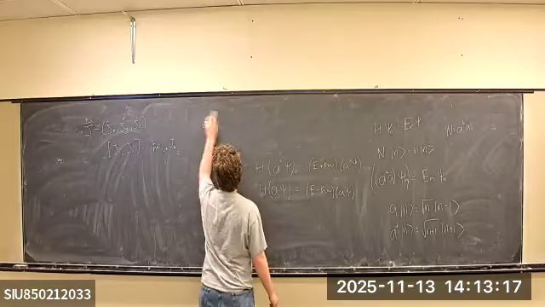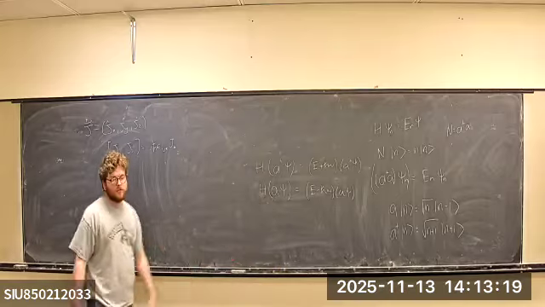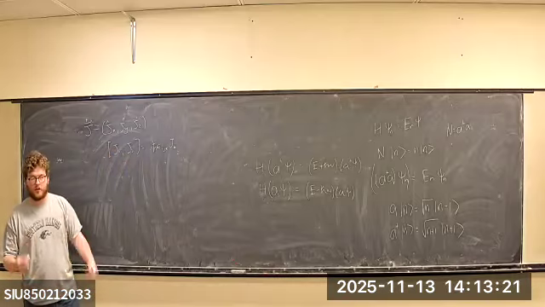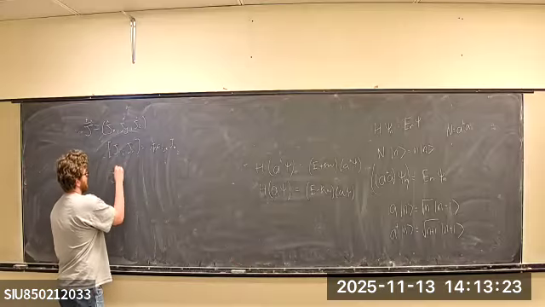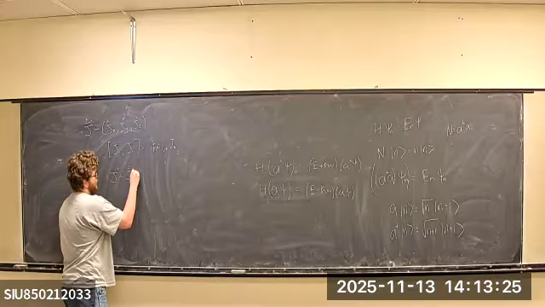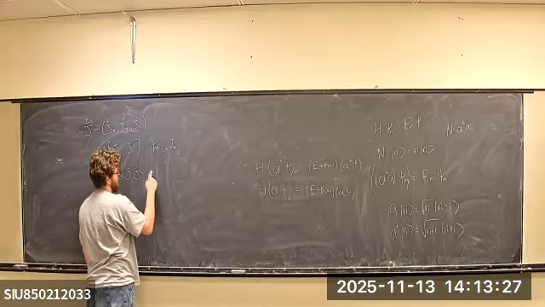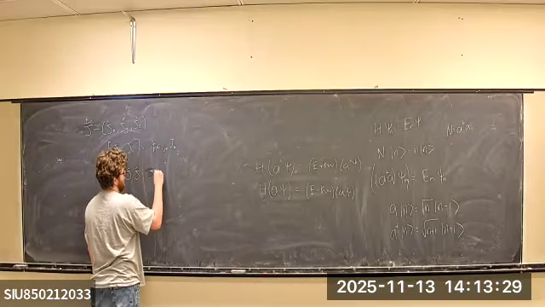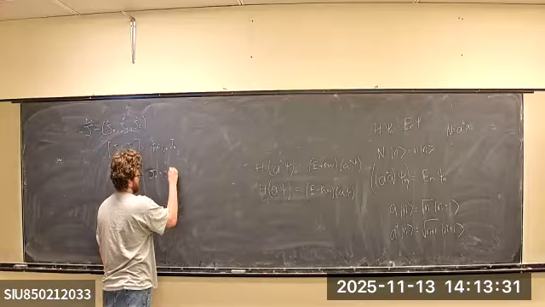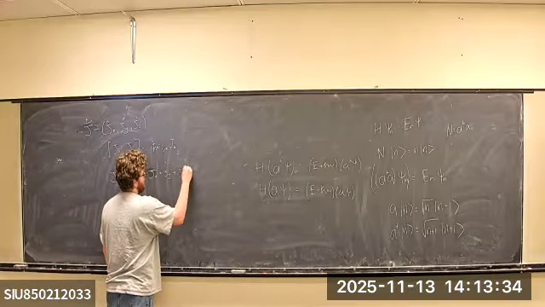I also mentioned some important things that we look for, for instance the squared angular momentum, J squared, which is J dot J: JX squared plus JY squared plus JZ squared.